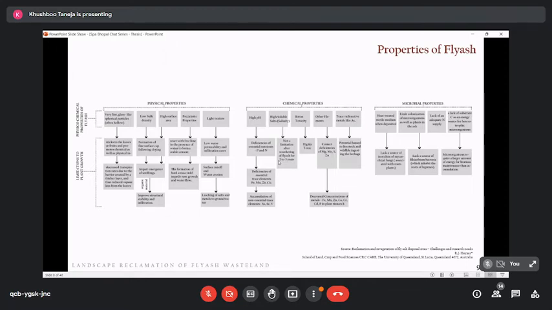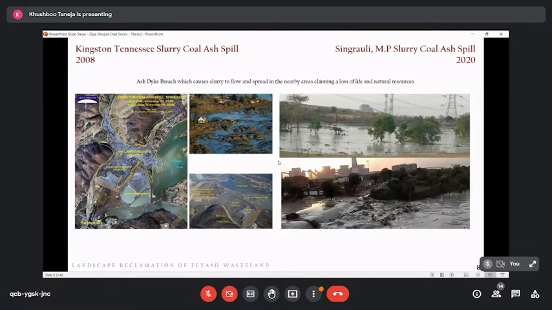I also tried to study what happens when an ash pond destroys itself and comes in contact with its surroundings. There was an incident in Kingston in 2008 where a coal ash spill happened. When we are containing ash in a pond, we are making dikes around it, D-Y-K-E-S.